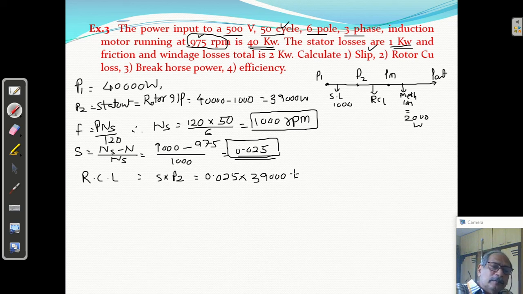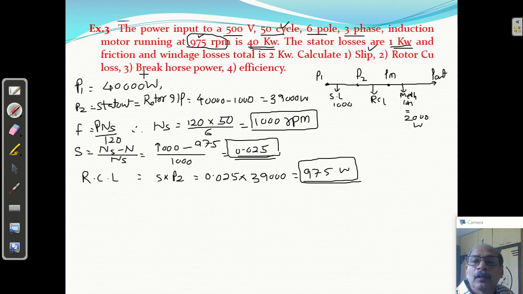From here we can get the rotor copper loss. Using the calculator, we will get the rotor copper loss as 975 watt. This is the second answer we got, 975 watt.